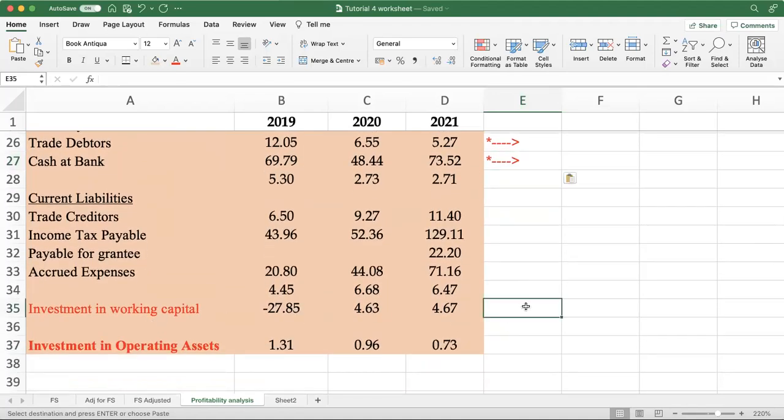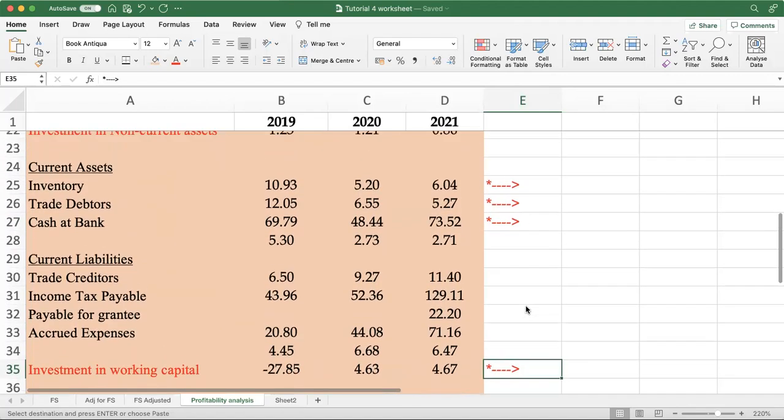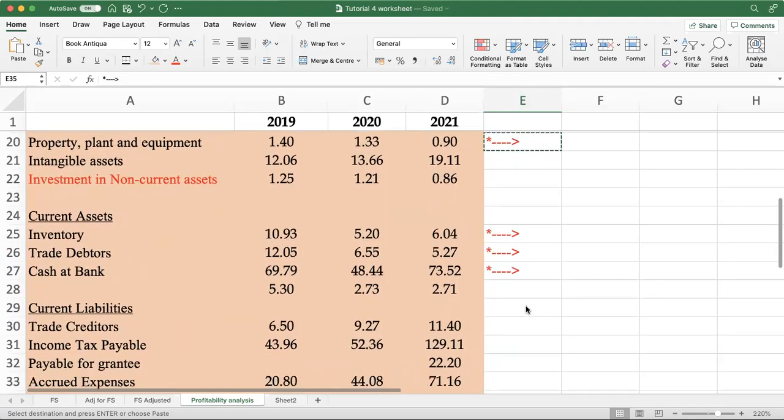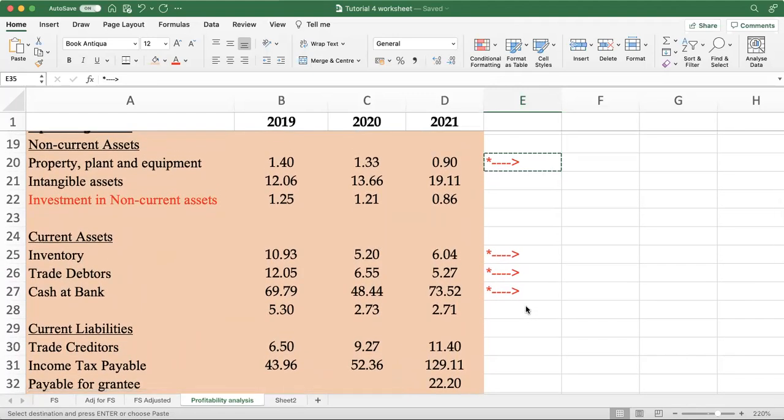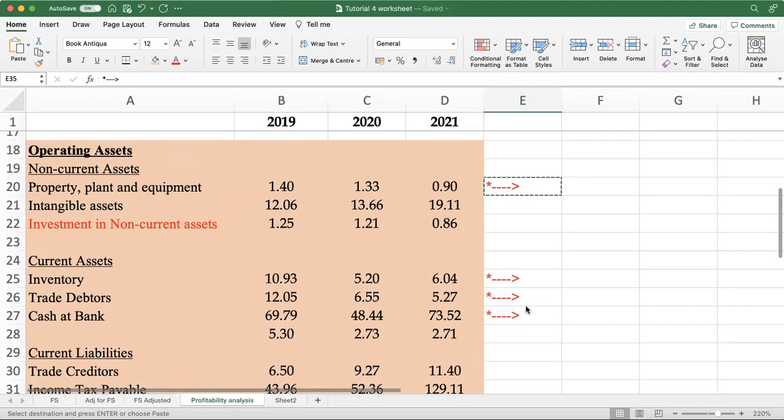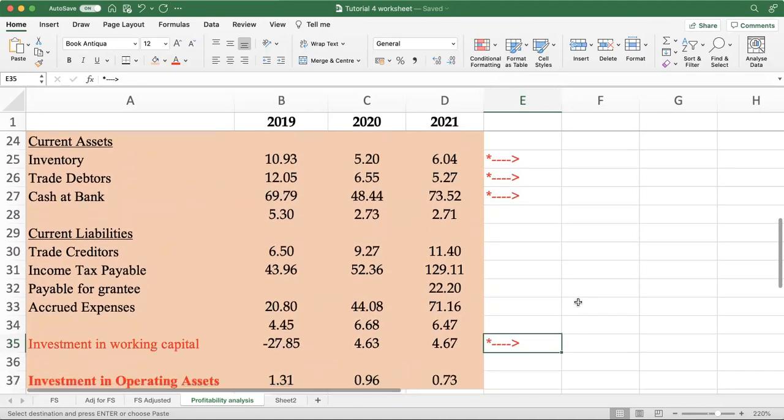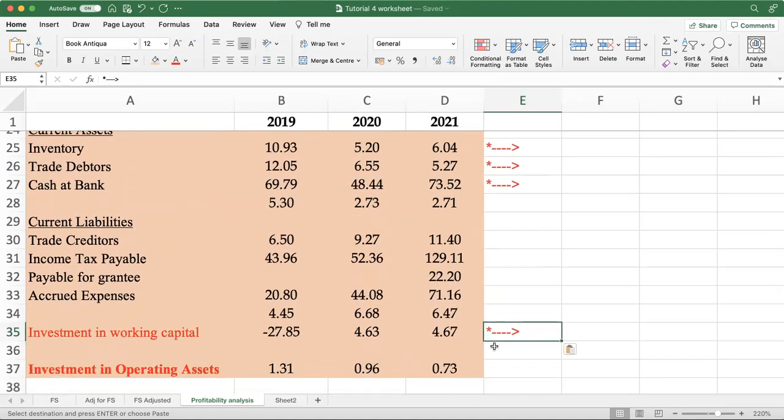Working capital turnover is important. Right. So you pick the important, relevant ratios, and do the analysis. Now for this company, these are important: property, plant and equipment turnover, inventory, debtors, cash, and this working capital turnover.